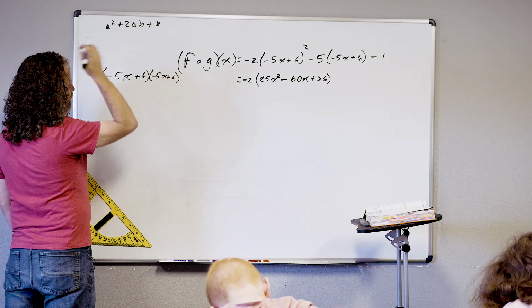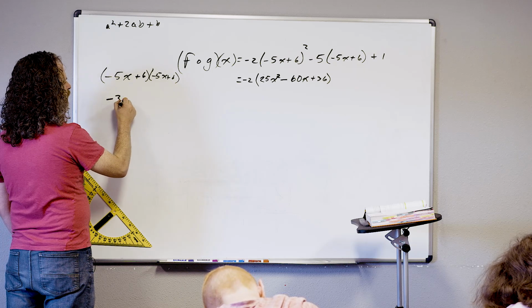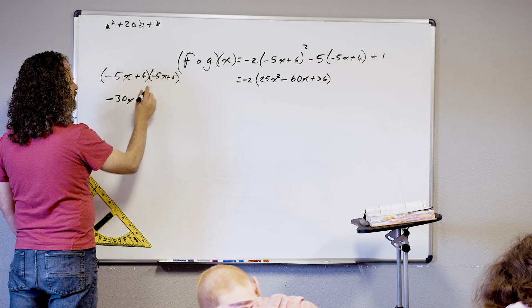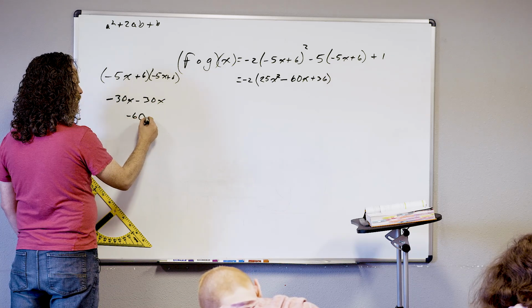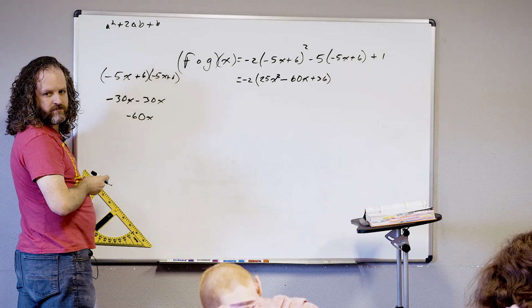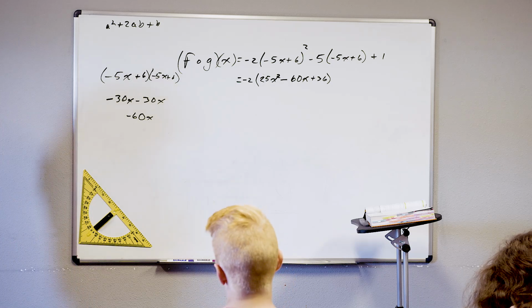So that would have been the outside and the inside. This times this is negative 30x. And this times this is negative 30x. So still looks like negative 60x, I think. I think that's still accurate.